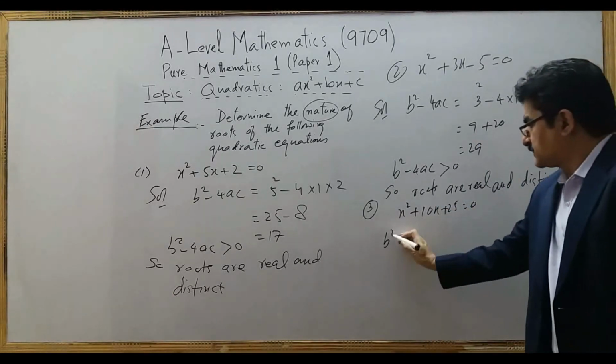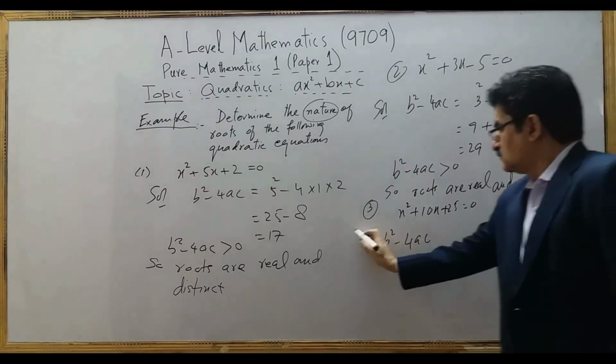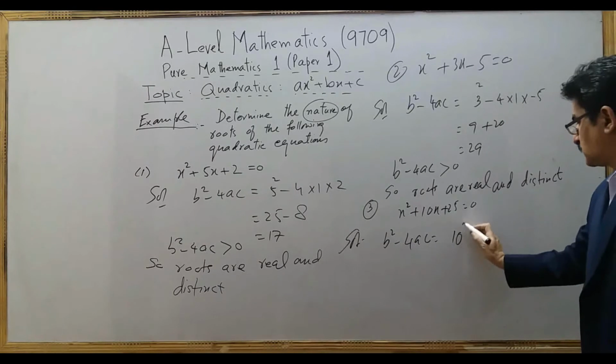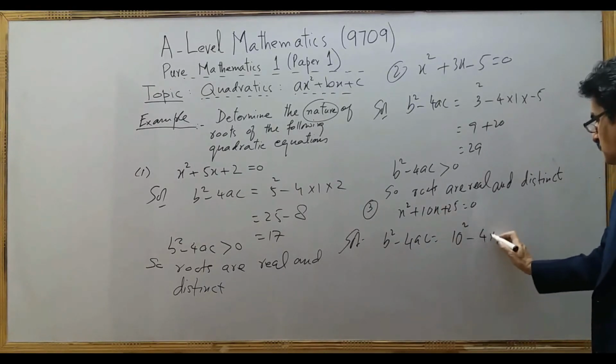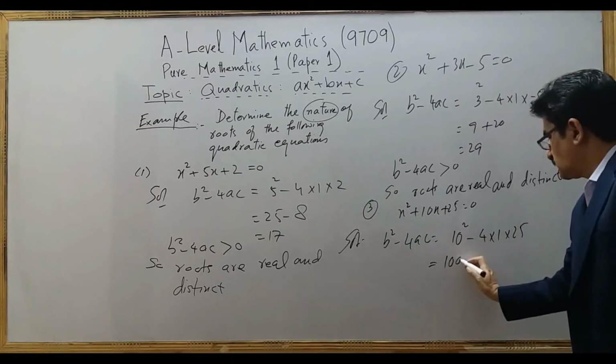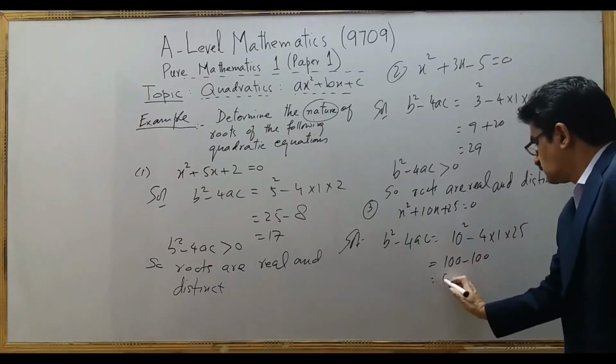Now I find the discriminant. Solution is this discriminant b square, b is 10, 4, a is 1, c is 25. So this is 100 minus 100 equal to 0.